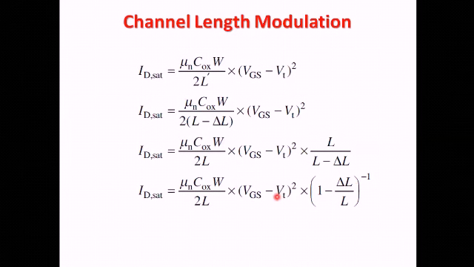Now we will see how we will be substituting it if we put ΔL much less than capital L. So let us see this one. Now I hope this particular slide is clear to all of you. Now let us move to the next slide and put some conditions and see how this expression of ID changes.